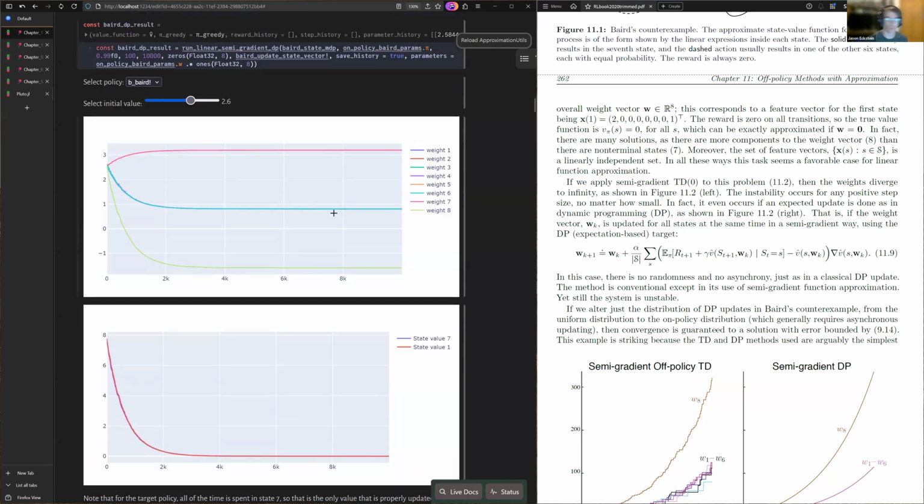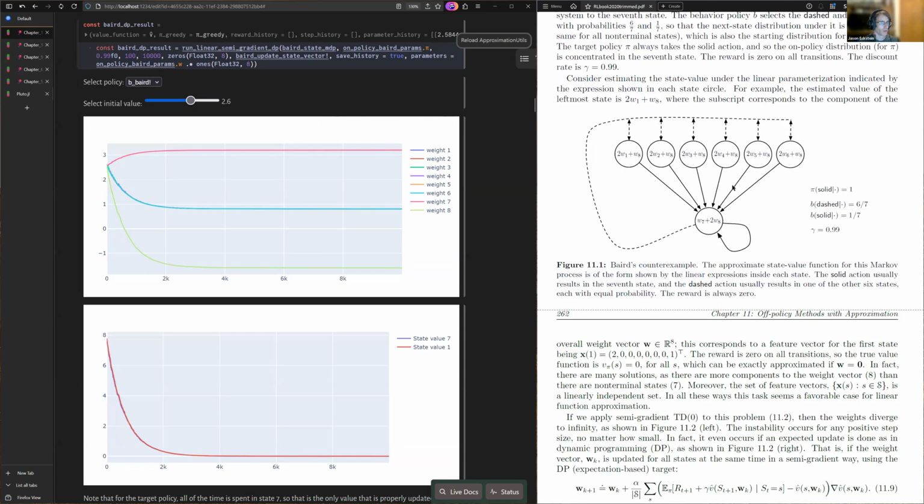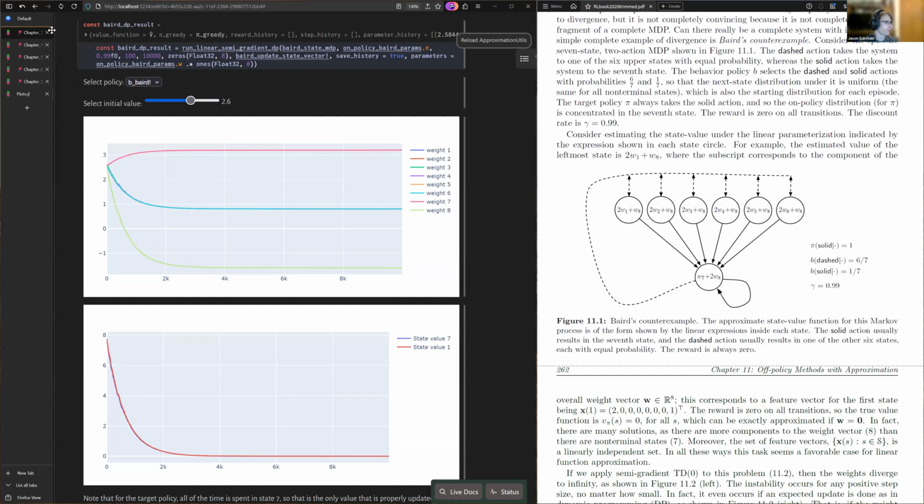So what this graph is showing is how the weights change when you do this dynamic programming with either the behavior policy or the target policy. Here with the behavior policy, all the states are visited an equal number of times. This is how the weights change over time, showing all 8 of the weights.